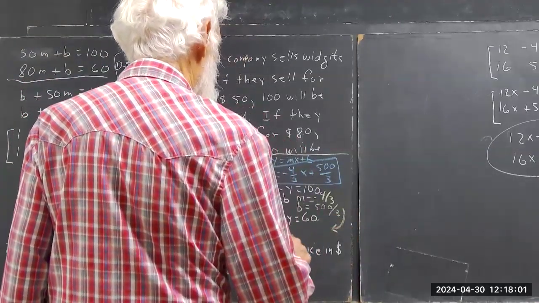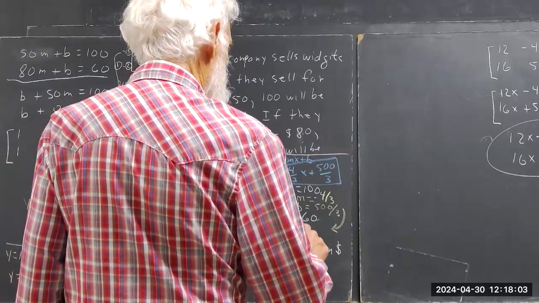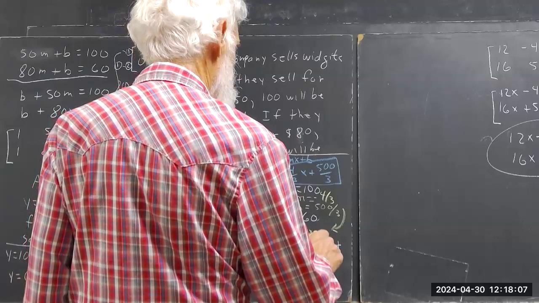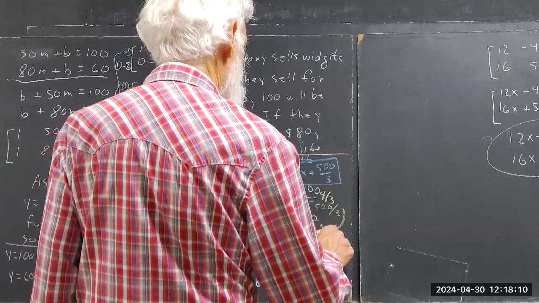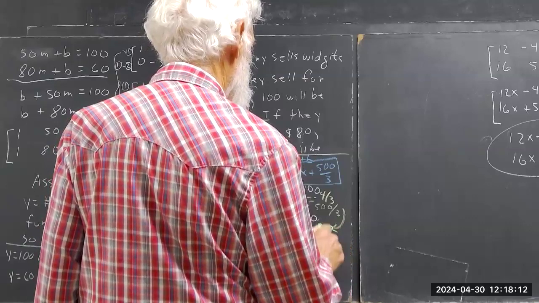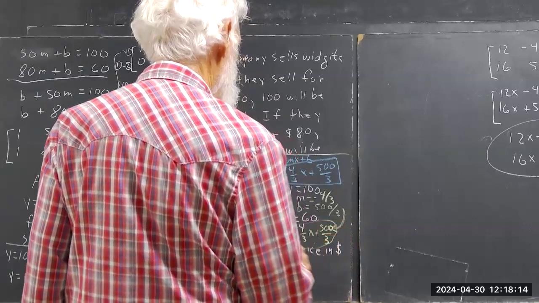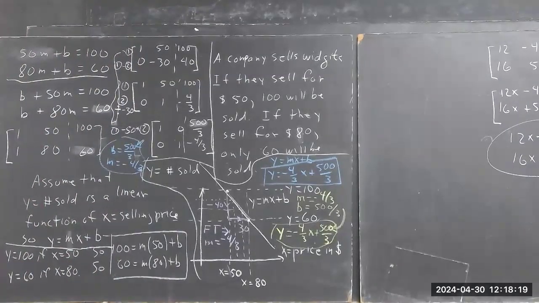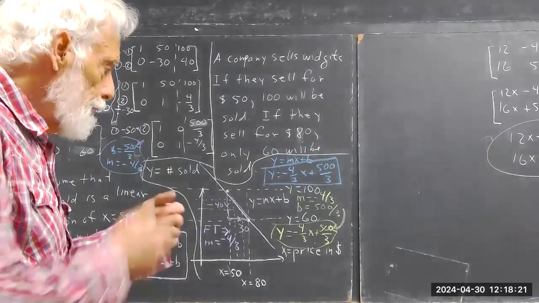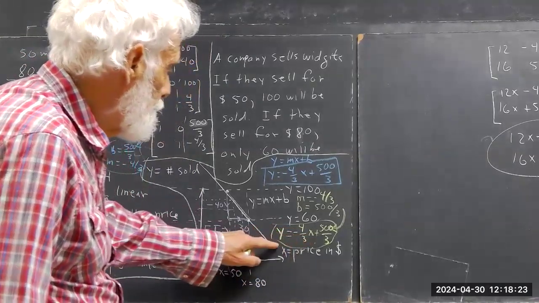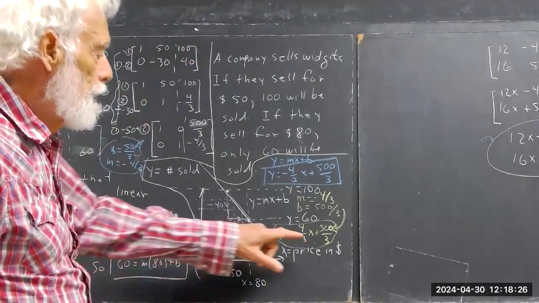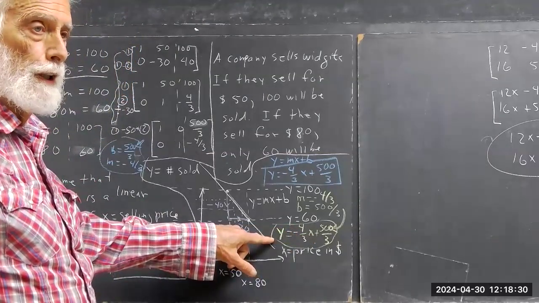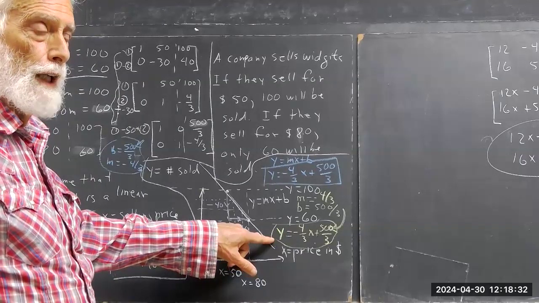So now I know that y equals negative 4/3 x plus 500/3. Okay. So now I know if I tell you what the set price is, you can tell me how many I'm going to sell.